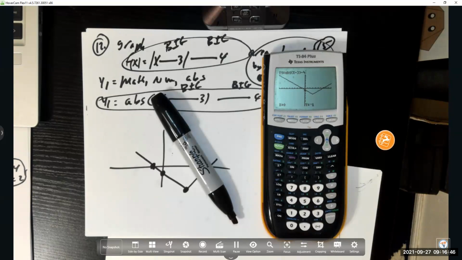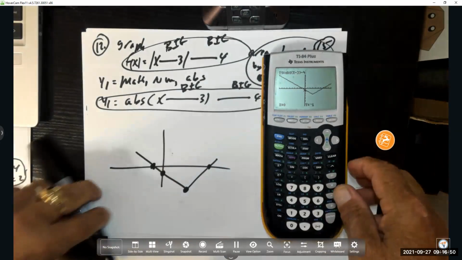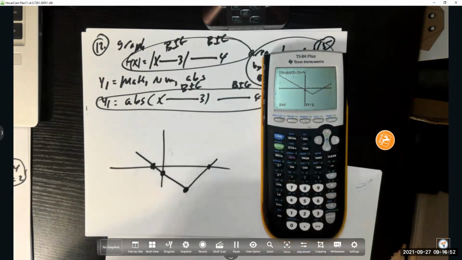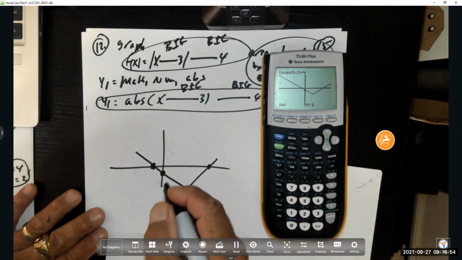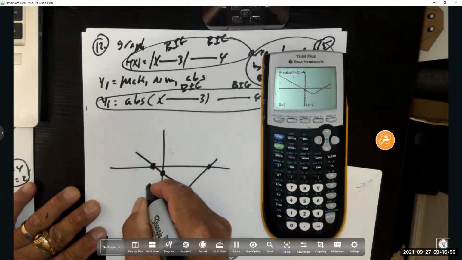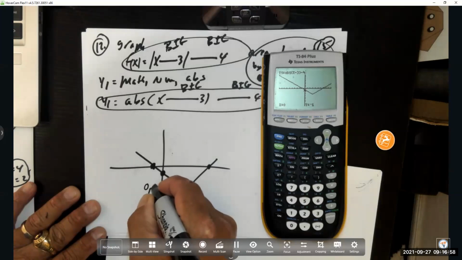All right, so now do the trace. Let me see what I can get. 0 and -1 is this dot right here. Okay, 0 and -1 is a dot.